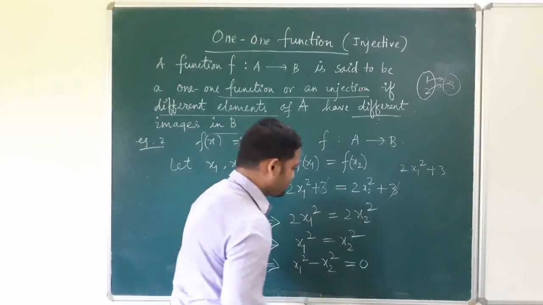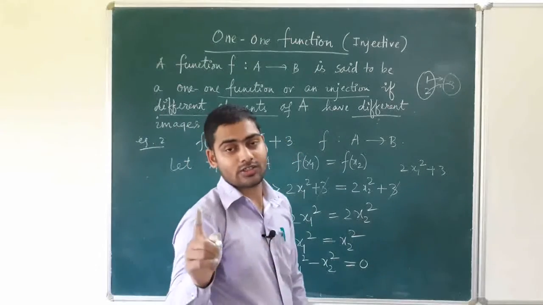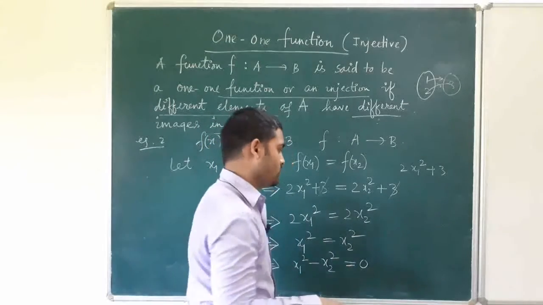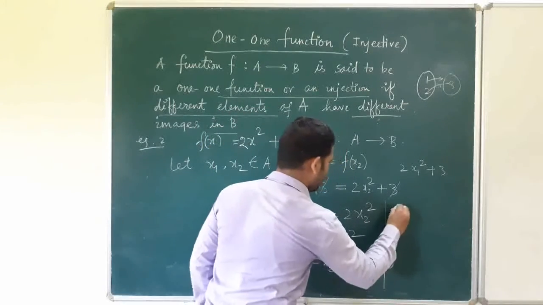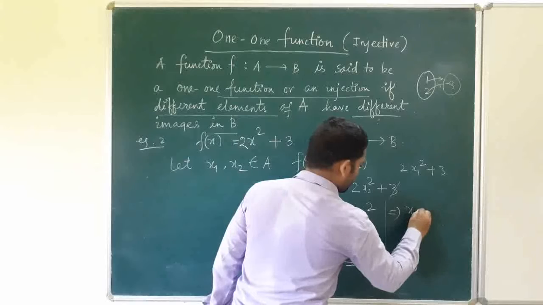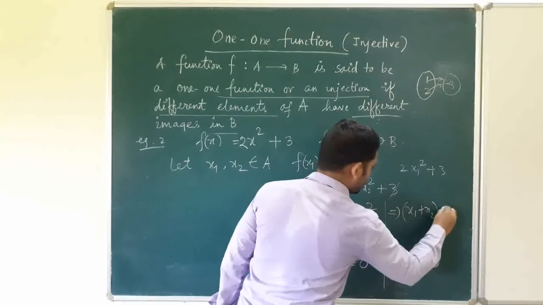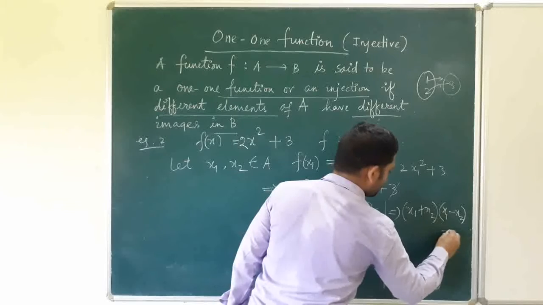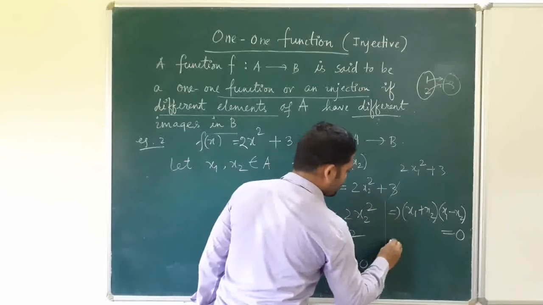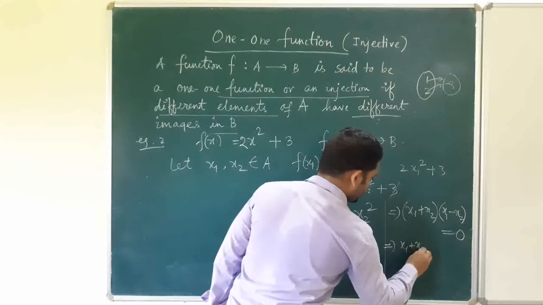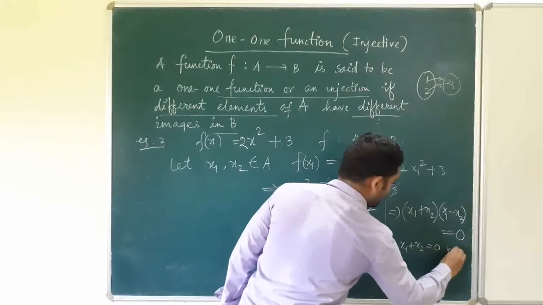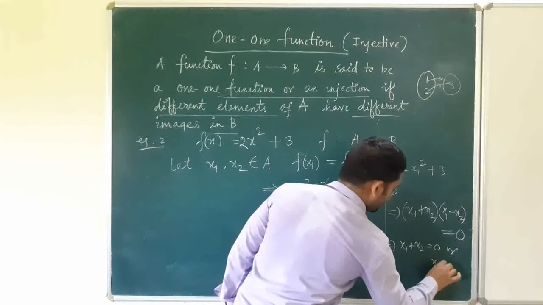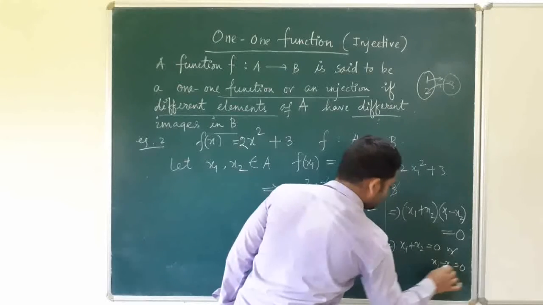And you know that a square minus b square is equal to a plus b into a minus b. So here you apply this: x1 plus x2 into x1 minus x2 is equal to 0. So here x1 plus x2 is equal to 0, or x1 minus x2 is equal to 0.